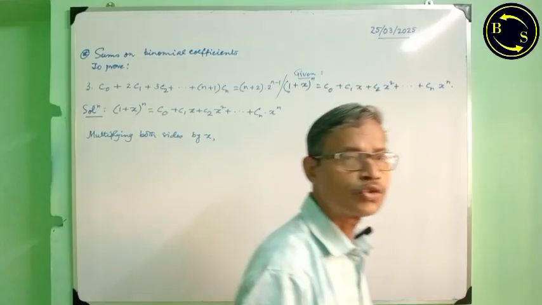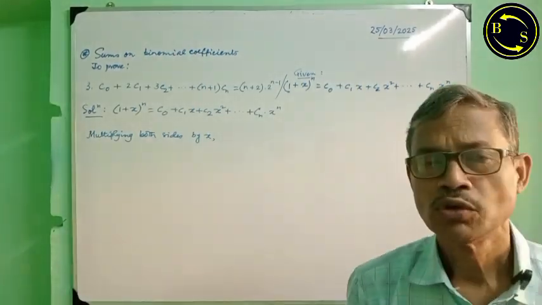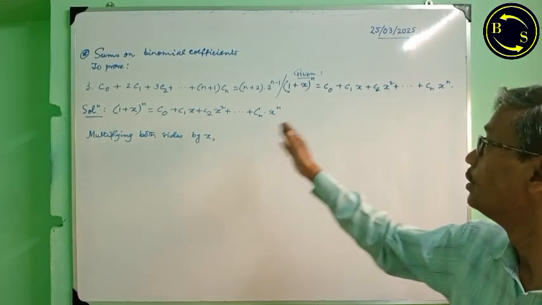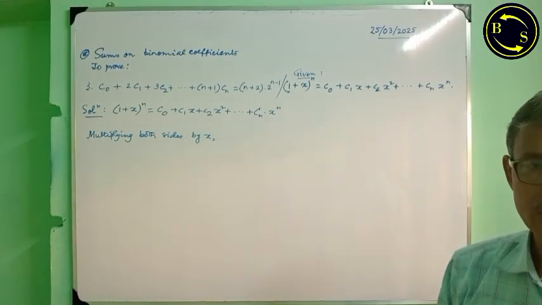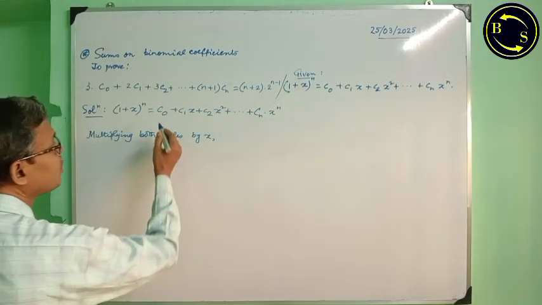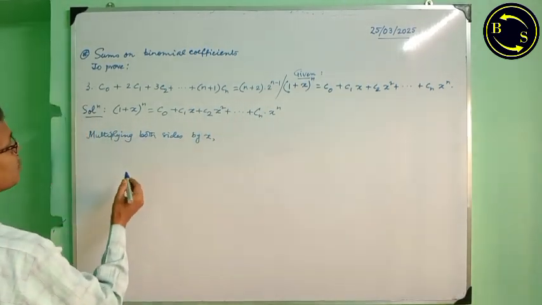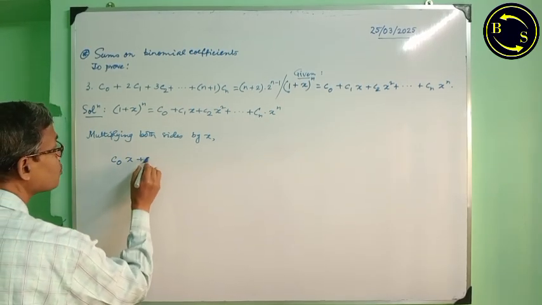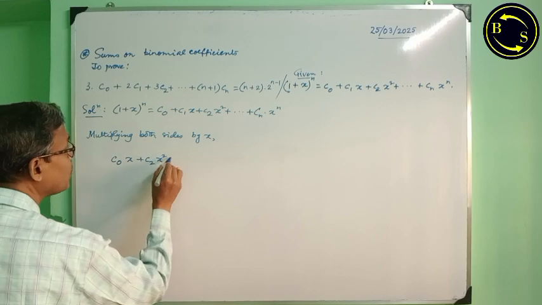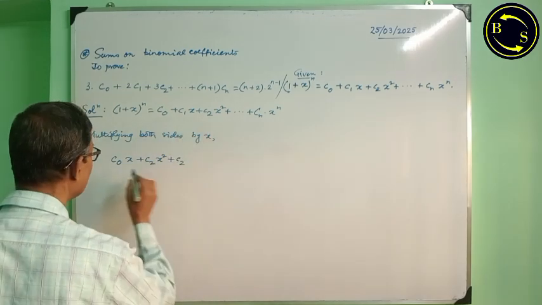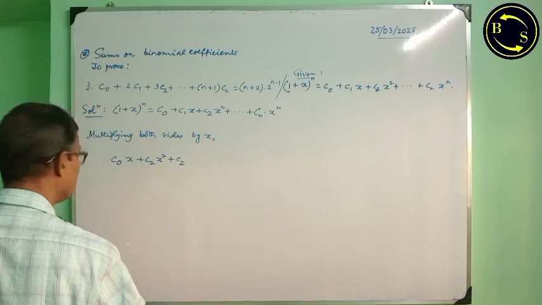I think students, learners have followed why I am going to multiply the equality relation by x. I write this part on the left, C0 x plus C1 x square, sorry, it is C1.